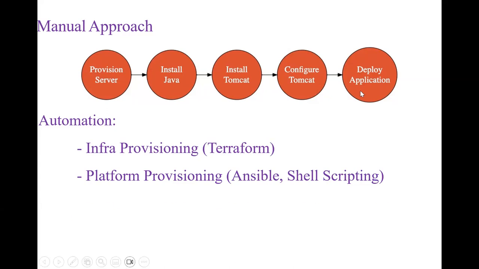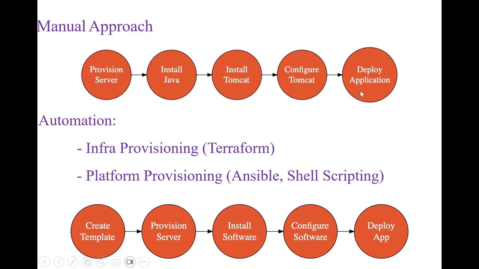And finally, we need to deploy the applications. That is where build tools come in: how do you build it and how do we distribute it? We can use the build tools with these configuration management tools and automation scripts, that is shell scripting or Python scripting.